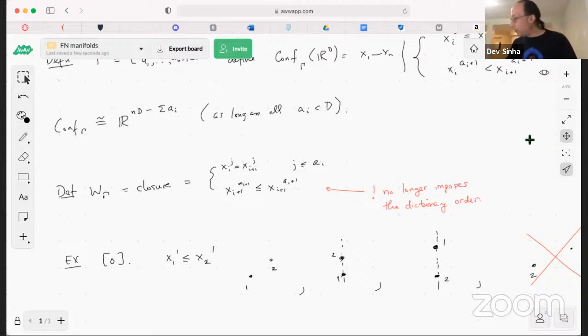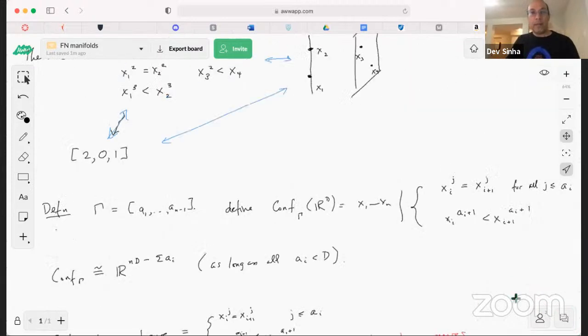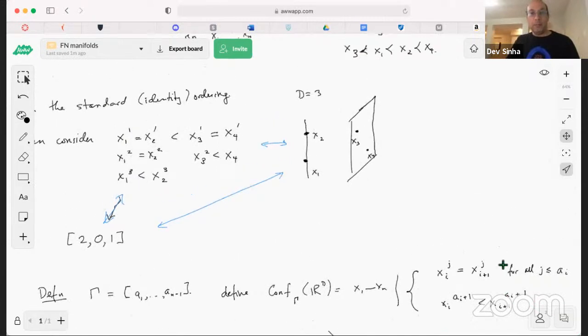Let's look back at this example. So here, what you could have is the 3, 4 points could actually come and be in the same plane.